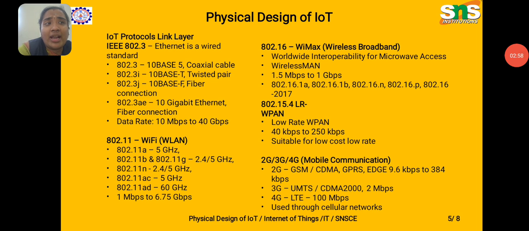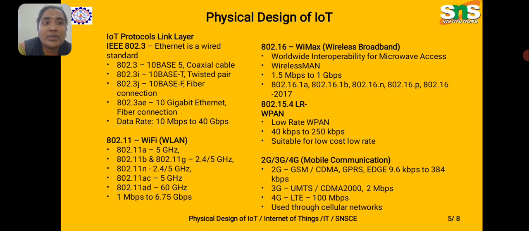It consists of LAN, wireless local area network. It consists of 802.11a at 5 GHz, 802.11b, 802.11g, and 802.11n at 2.4 and 5 GHz, with data rates from 1 Mbps to 6.75 Gbps. 802.16 is WiMAX, wireless broadband.